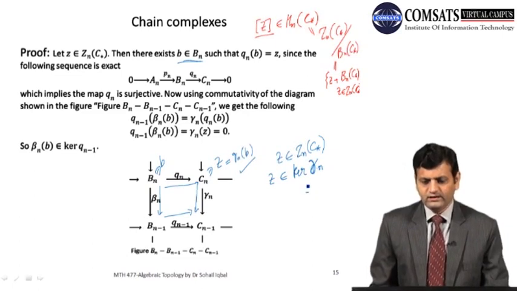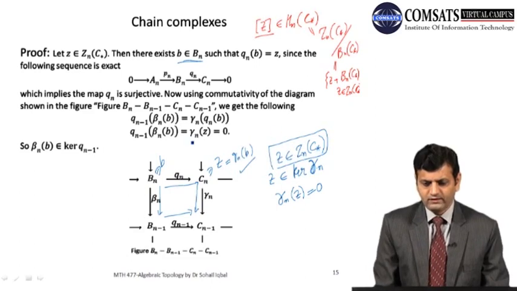In other words, γn of z is equal to 0, since this is an element of Zn of C star. So Qn minus 1 of βn of b is equal to 0. So we can say that βn of b belongs to the kernel of Qn minus 1.